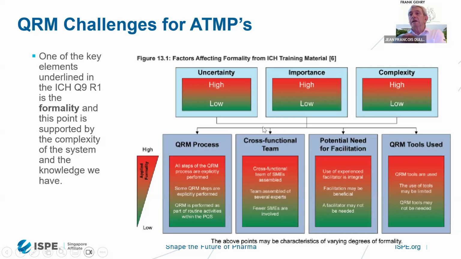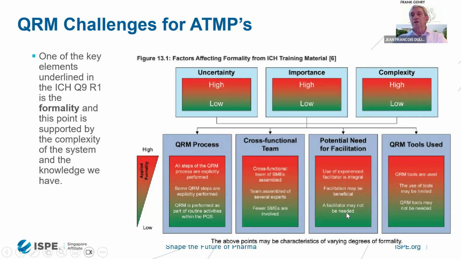Saying that, if we have a high level, for instance, we will need a cross-functional team. We could have high-level SMEs, or we can have fewer SMEs if the level is lower. We could have the need for facilitation. That means that we could have people or SMEs who are really strong in making QRM studies or QRM exercises.